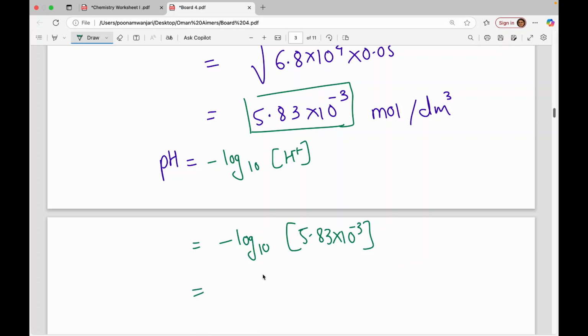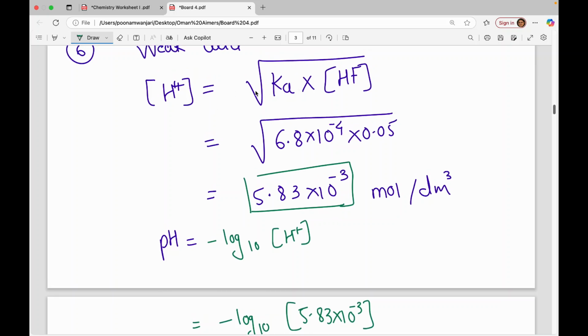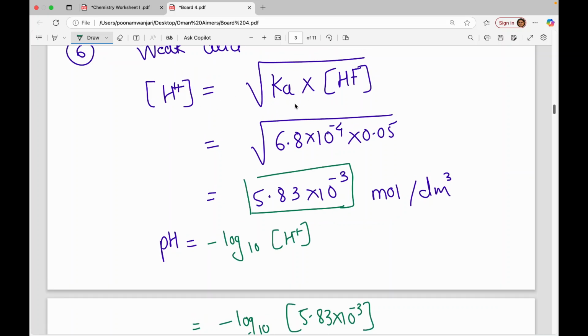In the calculator, students, just find the log of 5.83 into 10 to the power minus 3. It is equal to 2.23. So the pH of the solution is 2.23. This is a weak acid, so we use this formula: H plus is equal to the square root of dissociation constant into concentration of acid.